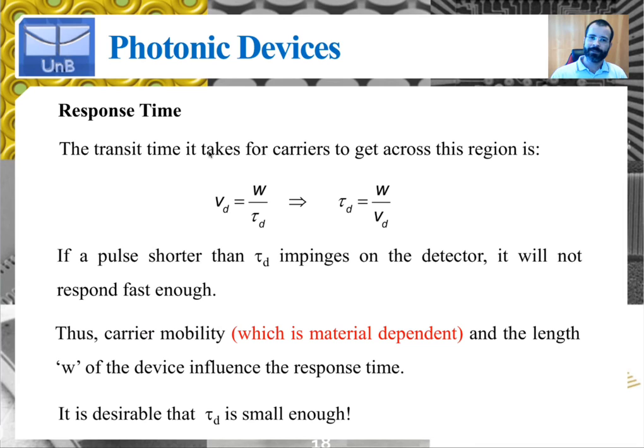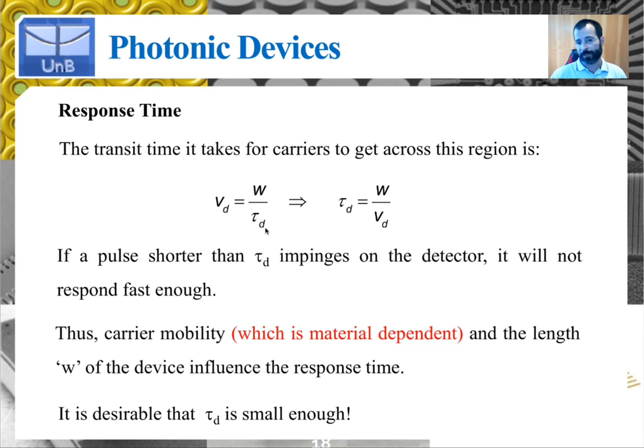So the transit time that it takes for electrons and holes to get across the depletion region is going to depend on the drift velocity, right? So if velocity is distance over time, we can write that the drift velocity is related to the transit time, which we're calling tau d.